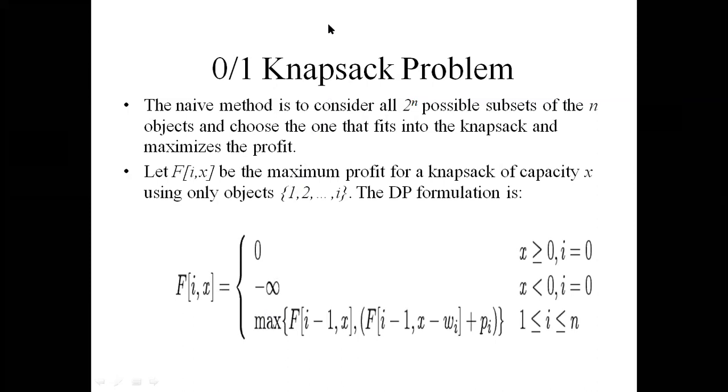Next one is the maximum of f of i minus 1 comma x, and f of i minus 1 comma x minus wi, plus pi, where pi means profit, when i is from 1 to n. You need to fill up the table by using this formula.